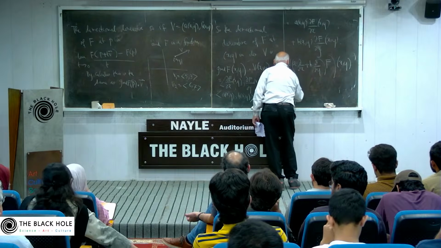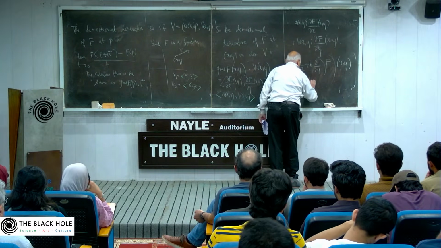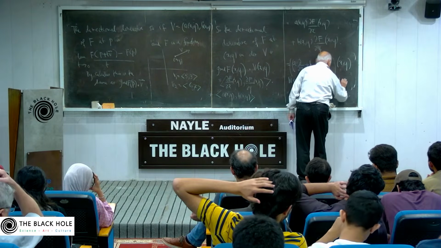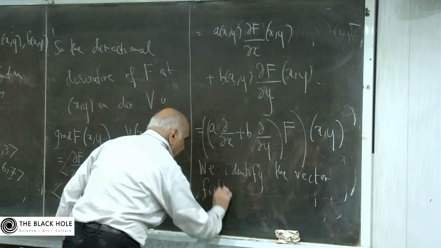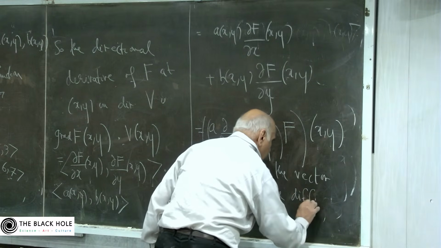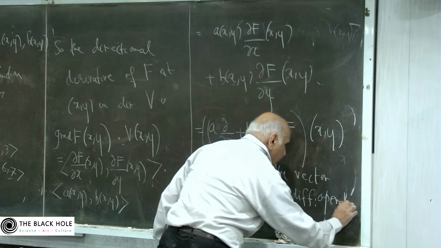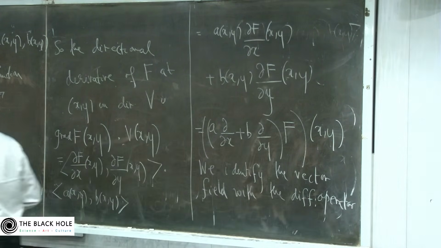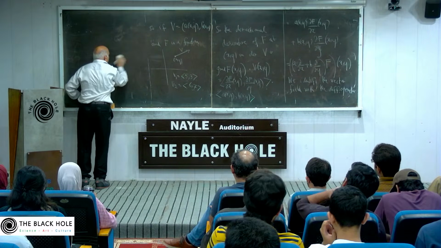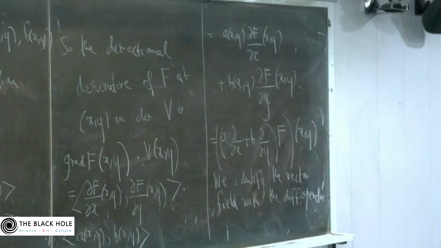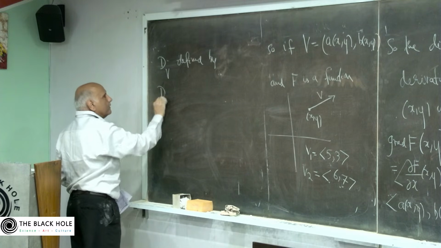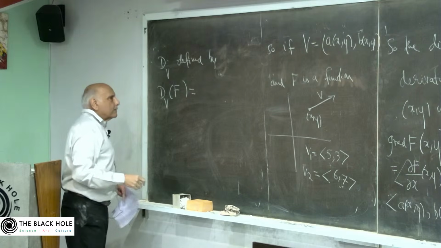So we identify the vector field with the differential operator dv defined by dv of a function f.